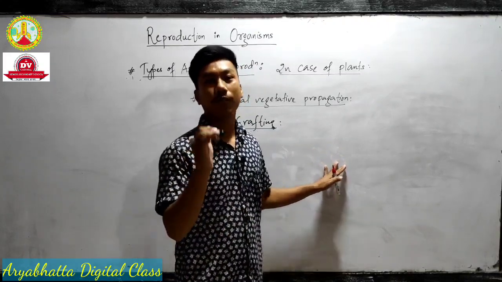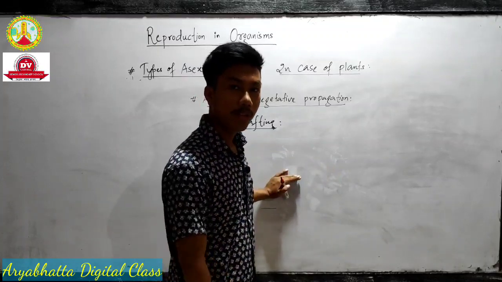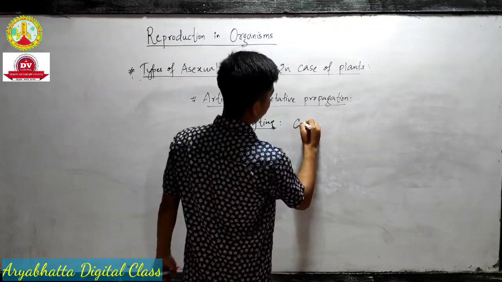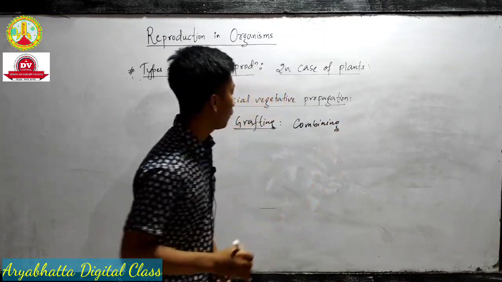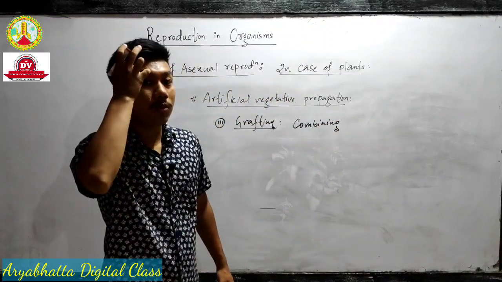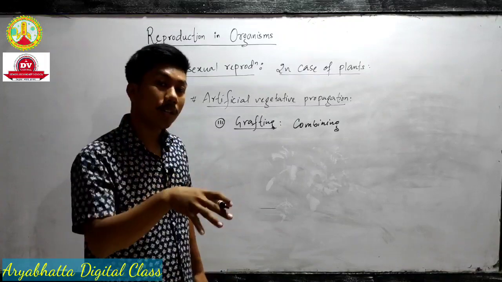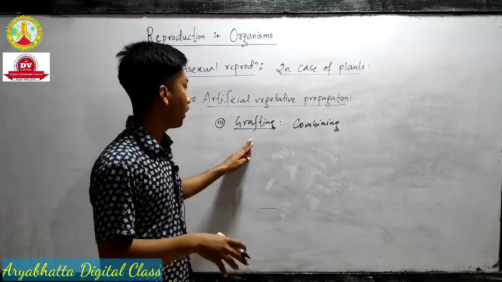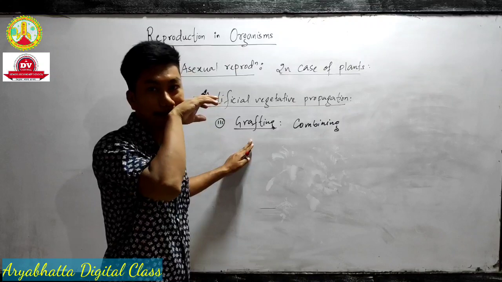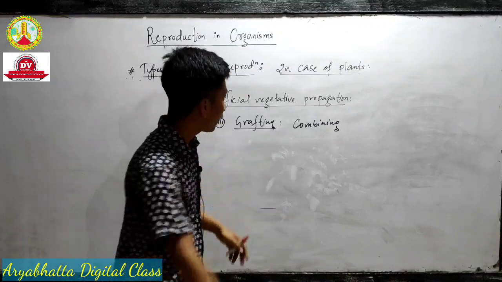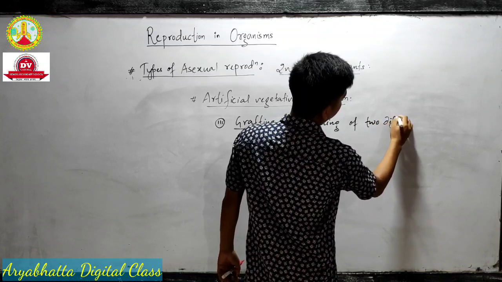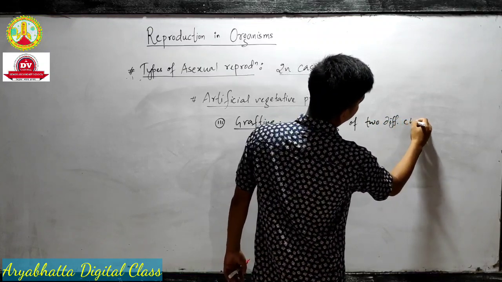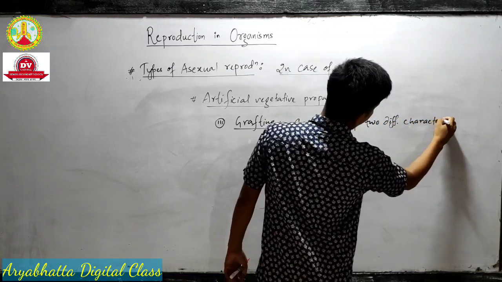Now grafting is of three types. So what is grafting? This is a very common method nowadays. If you want to add two different characters in one plant, grafting can be done. It is available in the market and in nurseries.